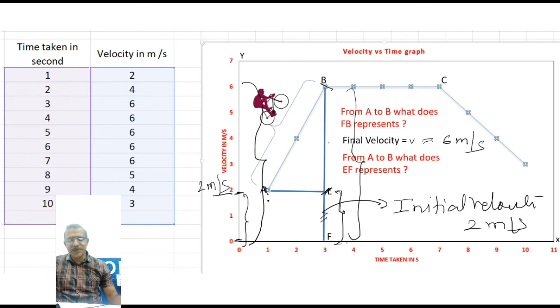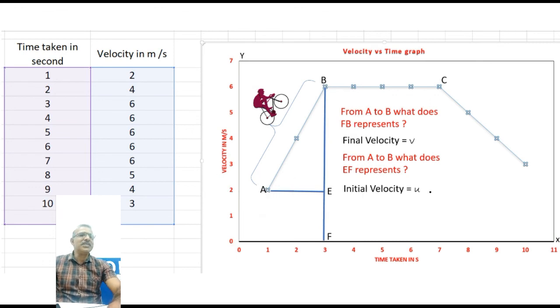And why are we doing this? Because to prove certain equations graphically, we need to understand the graph. Right? So what is the initial velocity representation? u, and how much is u here? 2 meter per second, and v is 6 meter per second. Right? Now the next question is, what does this represent? A or EB. So this complete line is over from here to here.